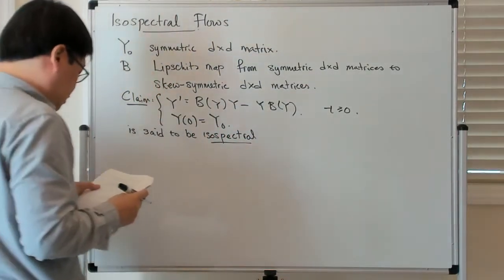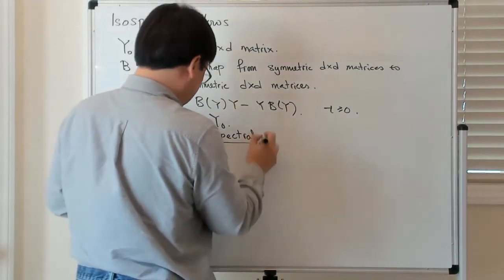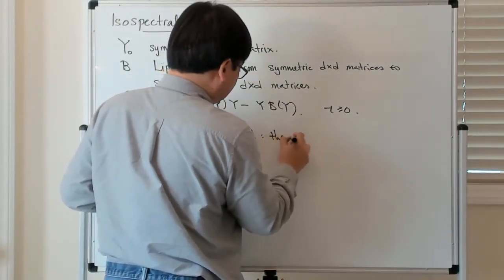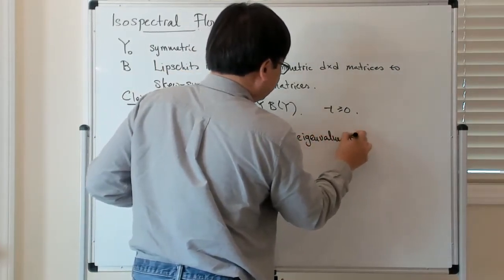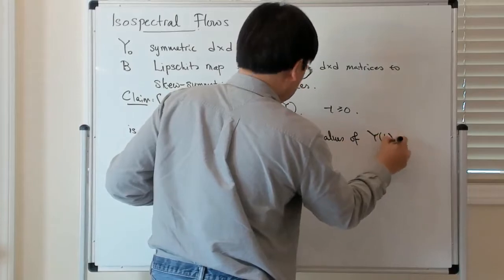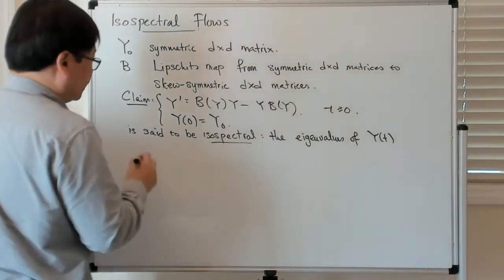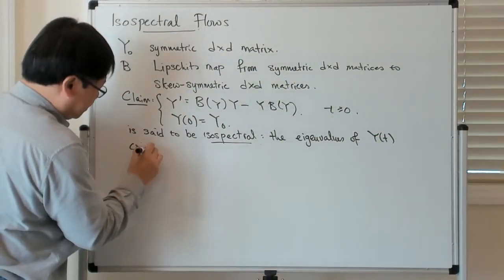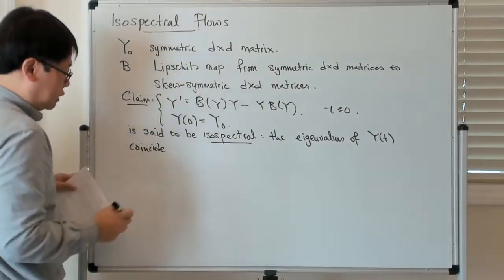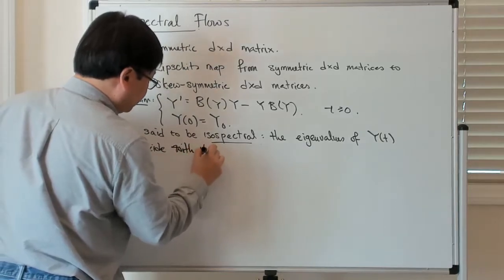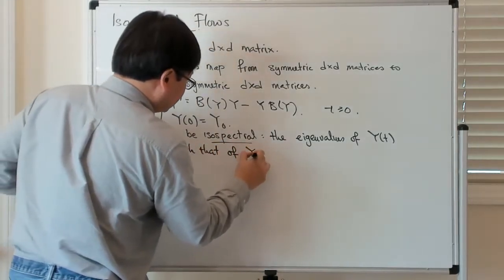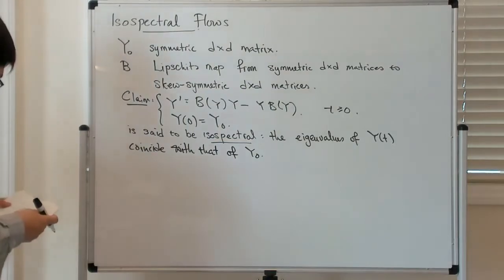Okay, which basically means that the eigenvalues of the solution y of t coincide with that of the initial data, which is y0. Okay.